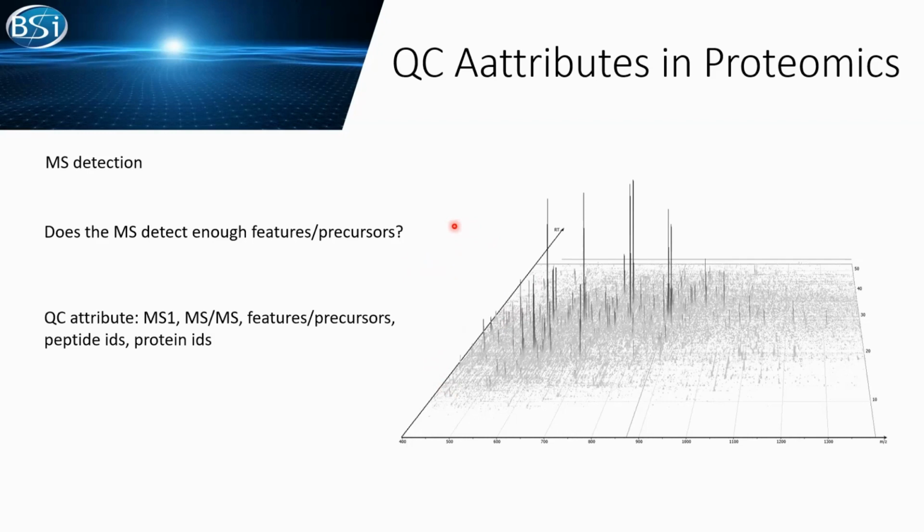There are a few things that we would like to watch: the MS1 numbers, MS2 numbers, features divided by precursor ratio, which means how many features were detected from all the precursors that we use, peptide ID numbers, and protein ID numbers. All these are important to verify whether our data is really good data.